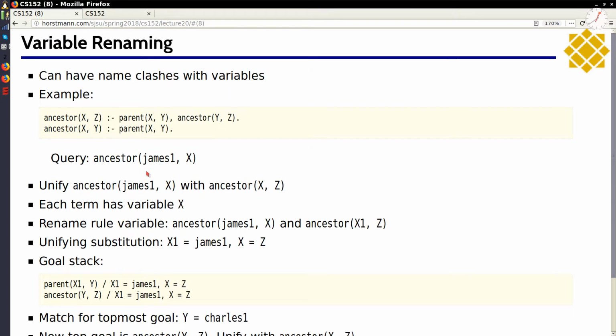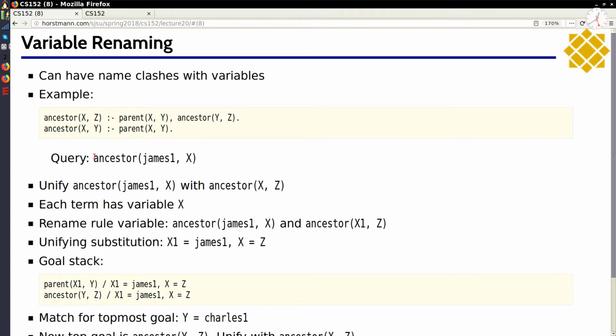Well, okay, there's one more technical thing. Sometimes you have to worry about variable renaming. So look at this case here, where I have this query about ancestors, where I say x is an ancestor of z if x is a parent of y and y is an ancestor of z, or if it's a direct parent.